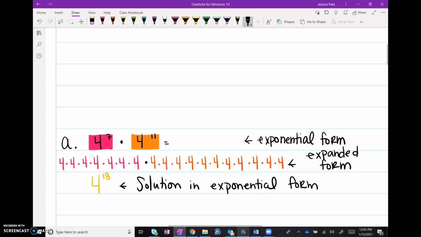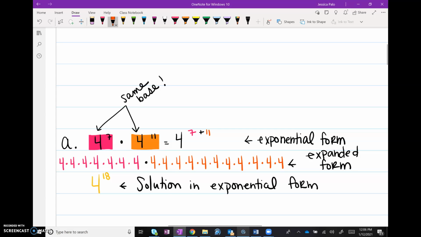Well, first I'm going to make sure that my exponents have the same base, and they do. The base is 4. And since they have the same base, now I can add the exponents together. So it becomes 4 to the 7th plus 11th power.